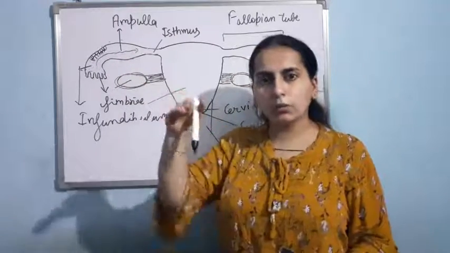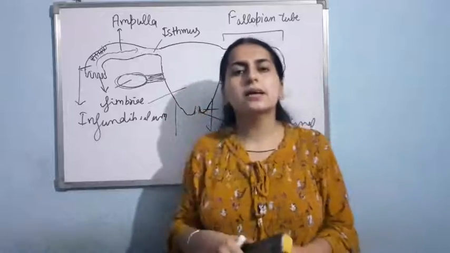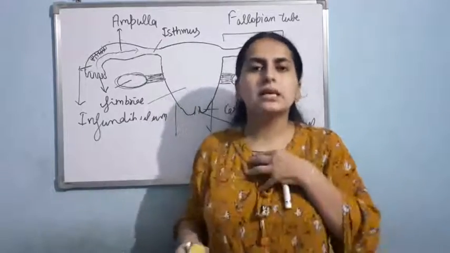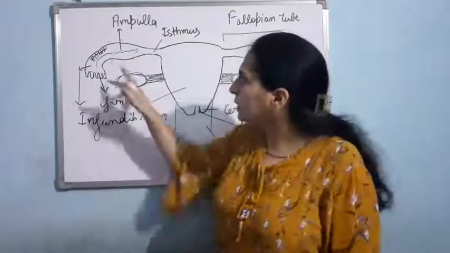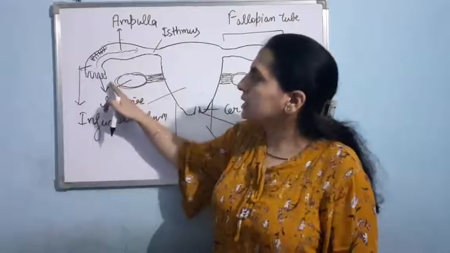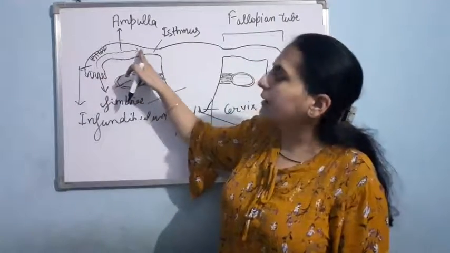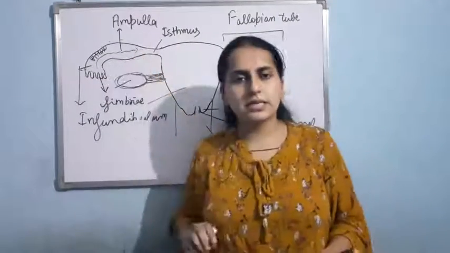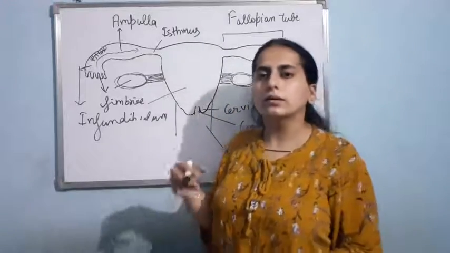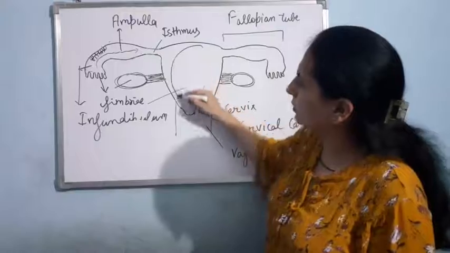The cilia will move, and as a result they will move the ovum. The ovum itself is non-motile, but here the cilia help in the movement of the ovum, and as a result the ovum will move and it will reach here.